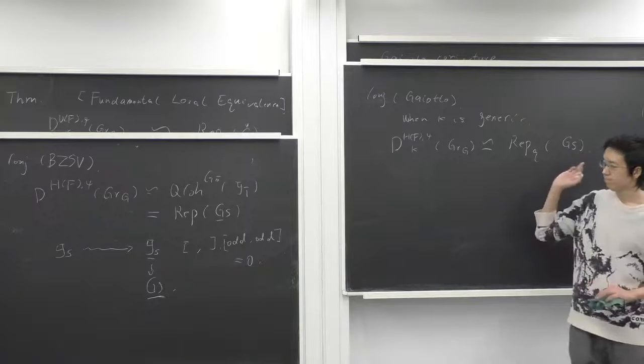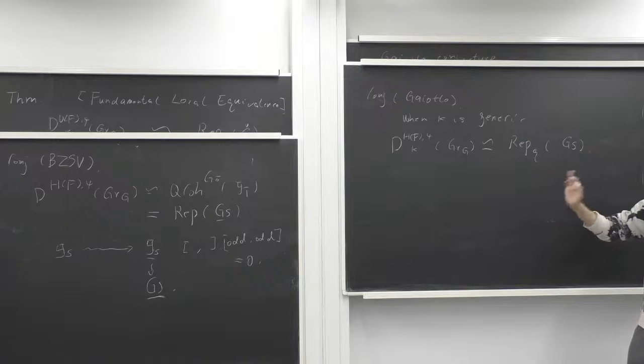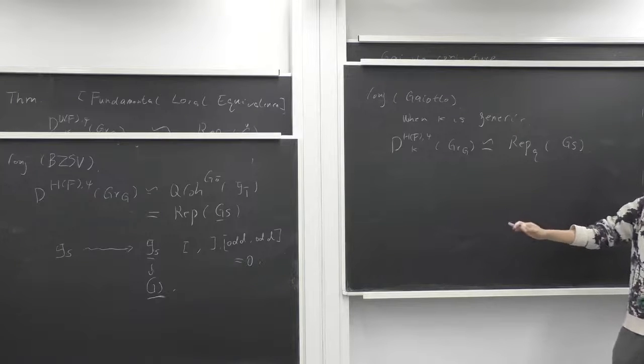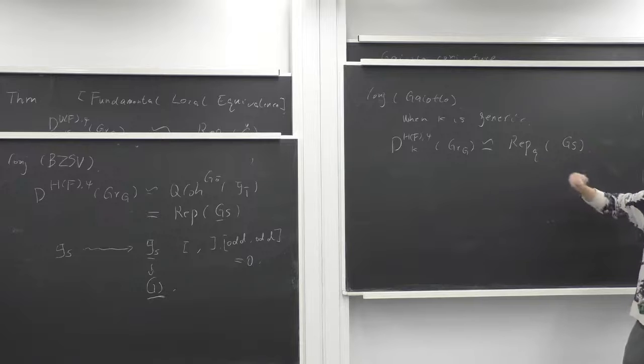So that is the statement of the BZSV conjecture, the untwisted conjecture, and the Gaiotto conjecture here.